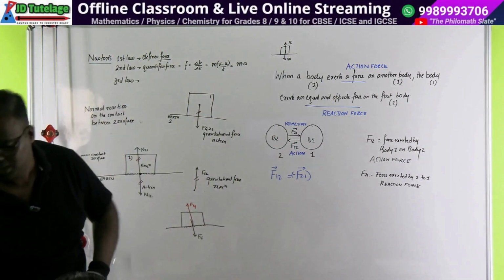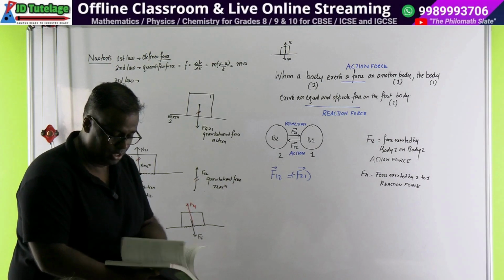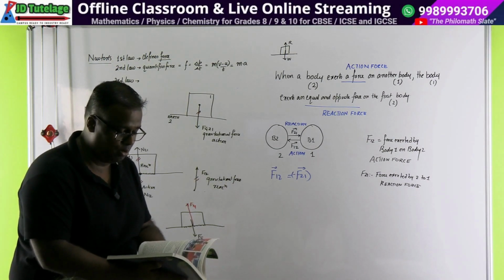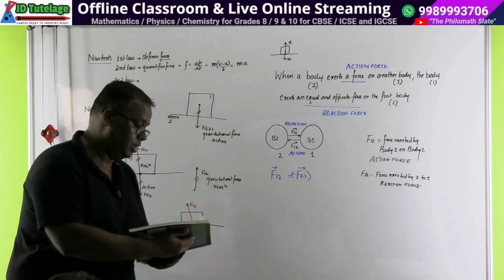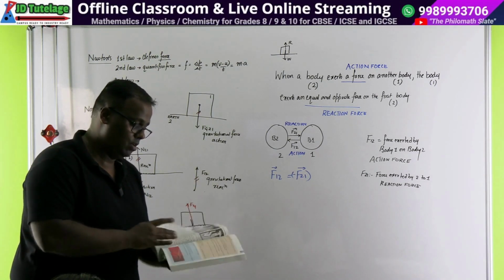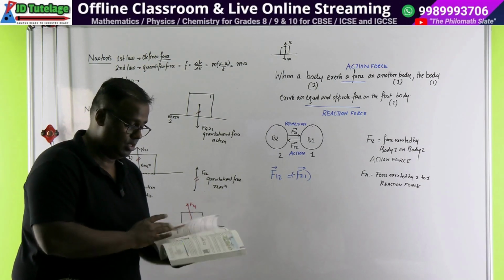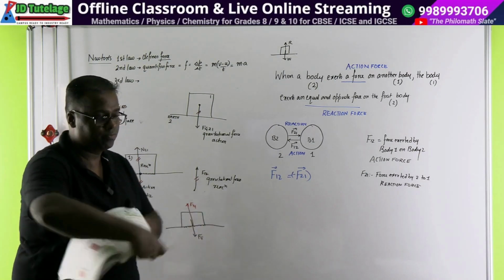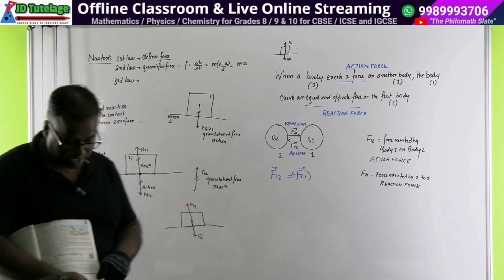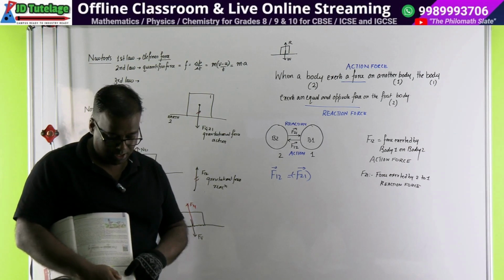So if I open your book and I take the same example of action reaction, first law, second law, and you see this diagram, this diagram is not exactly correct. Weight hanging downwards. The weight doesn't hang from here.